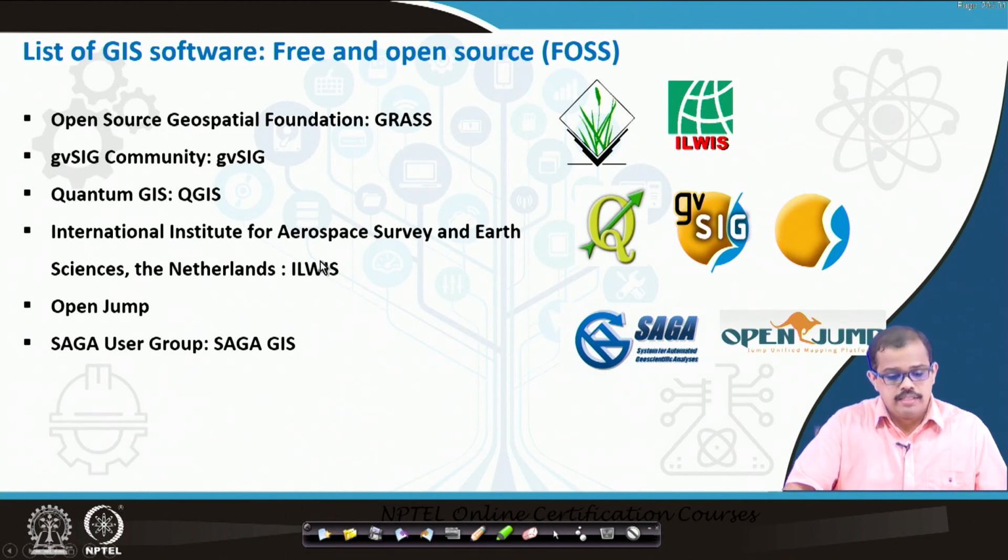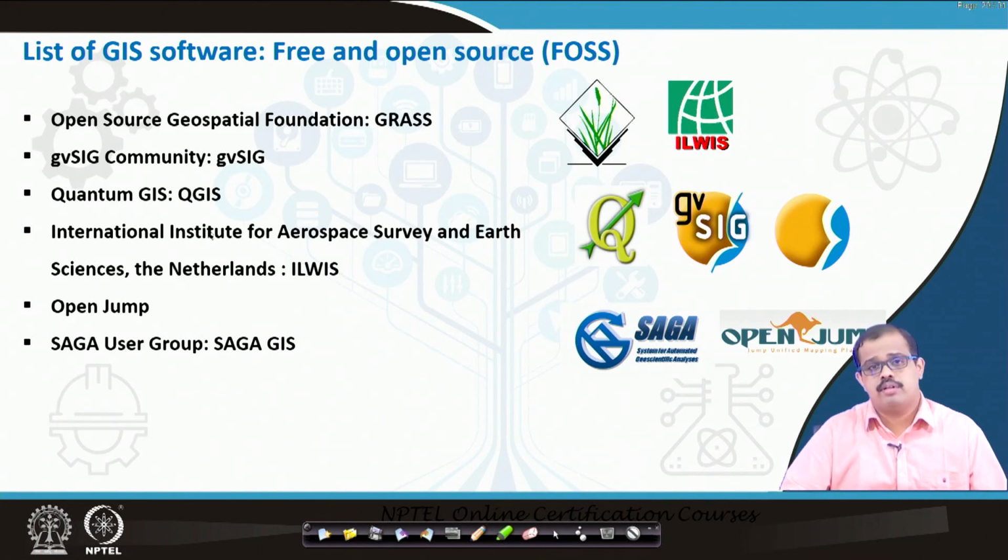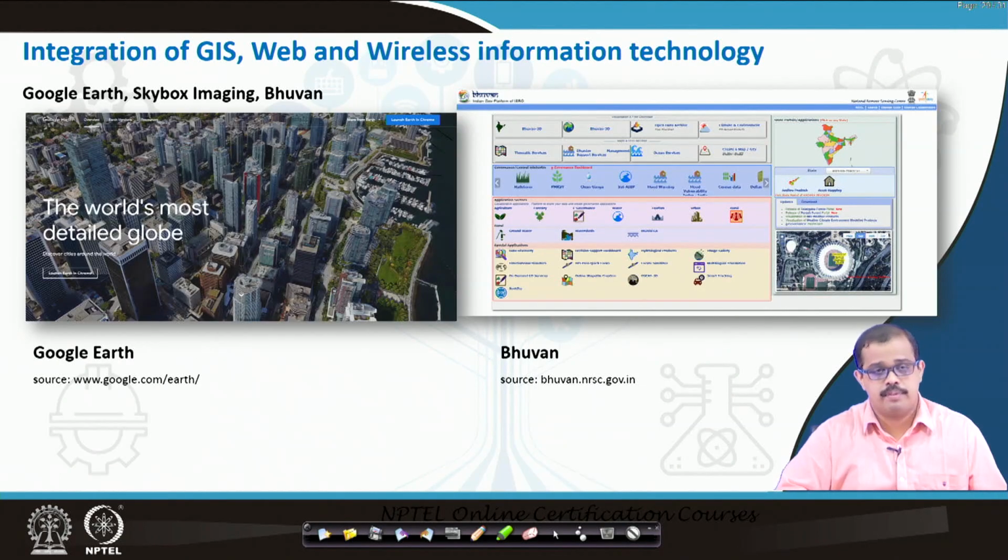Then you have ILWIS. ILWIS was one of the first of those softwares which were developed, which were extremely handy in handling geospatial information. OpenJUMP is another software. If someone is interested in advanced analysis, OpenJUMP and SAGA GIS are quite efficient in handling any type of geospatial data. But I would suggest GRASS and QGIS as some of the best combinations that you can have for the development of our understanding of geographic information systems.